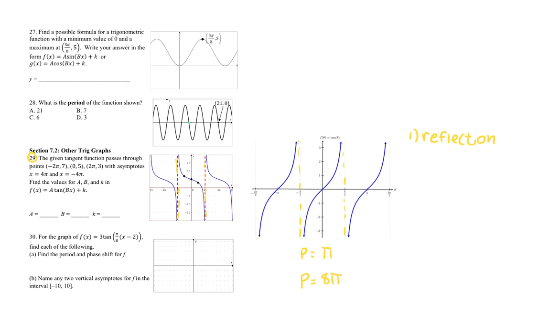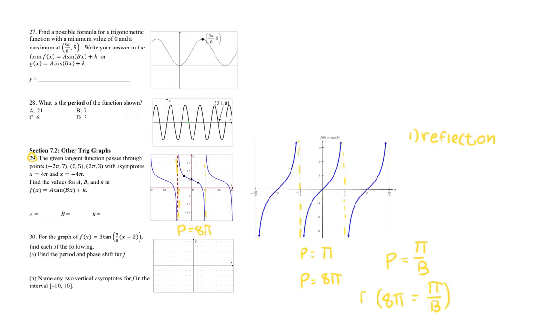And so we actually have a formula for period in terms of our b value based off of this. So we know that our period is pi over b. Okay, and we said that our period is 8 pi. So 8 pi equals pi over b. And then we're going to multiply both sides by b.